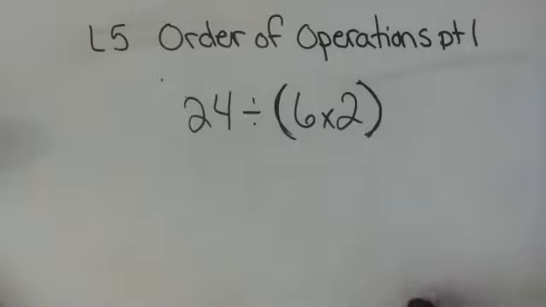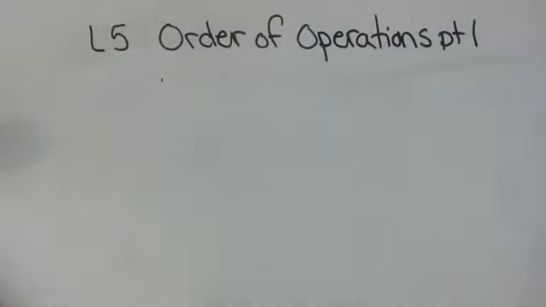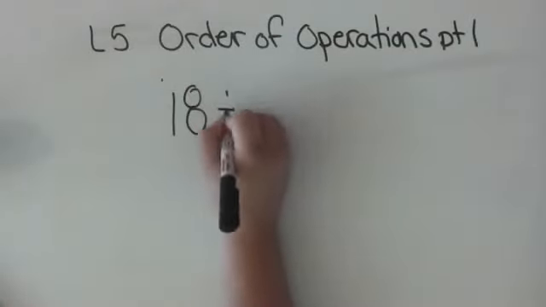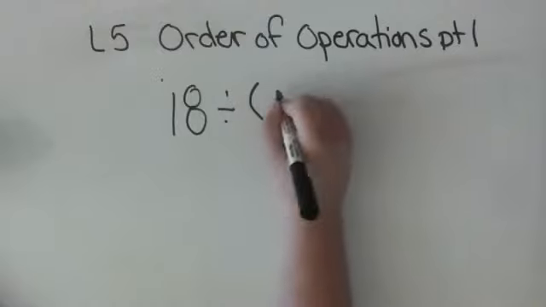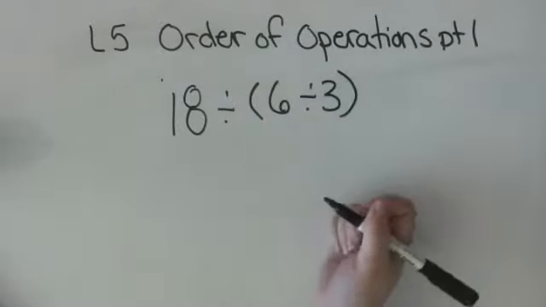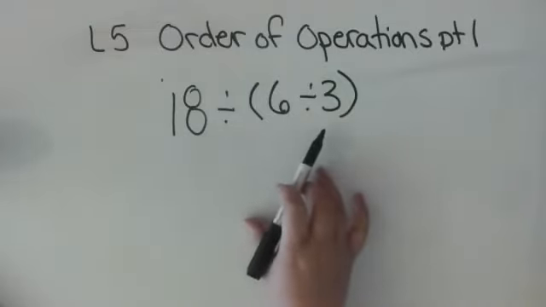Let's take a look at just division. We have 18 divided by parentheses 6 divided by 3 parentheses. Because we have these parentheses, we have to do this operation first.